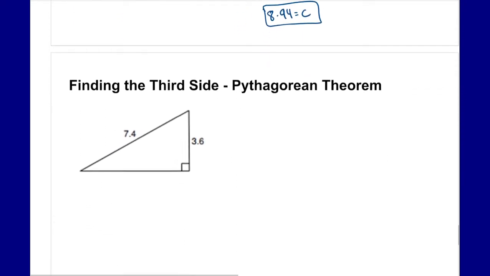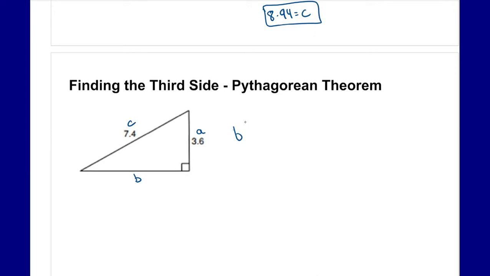If we're trying to find one of our legs, so again, this is the hypotenuse, or C, because it's across from 90 degrees. We can call this A. We could call it B. It's just one of the legs, so it doesn't really matter. We'll call the other one B. Again, the A and the B are interchangeable. In this case, we can use a different version of the Pythagorean theorem or the sum of squares, very similar.